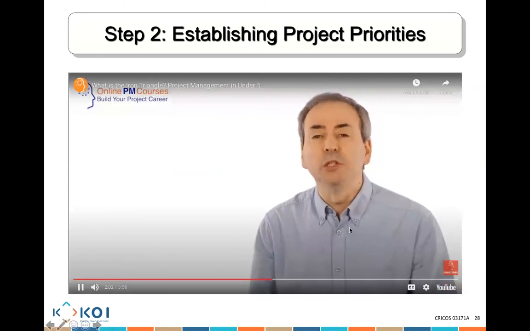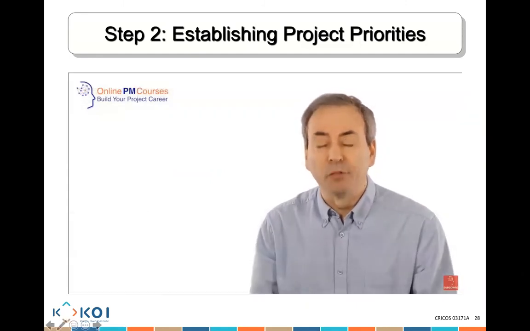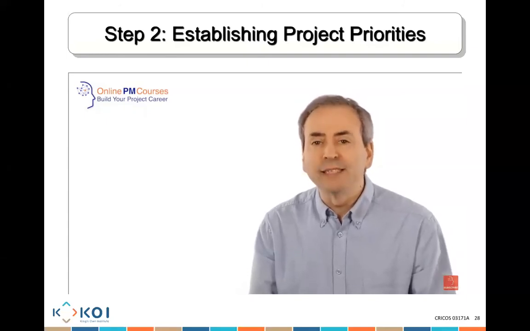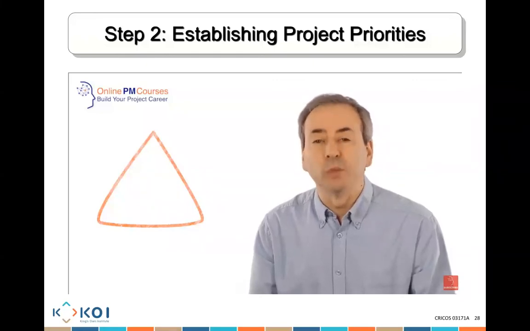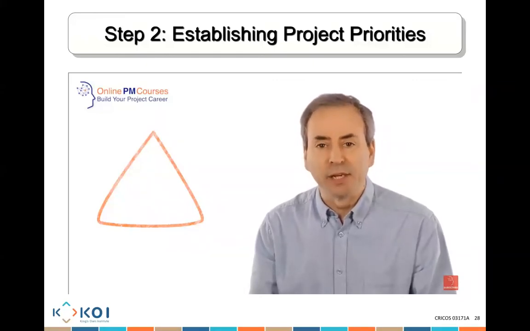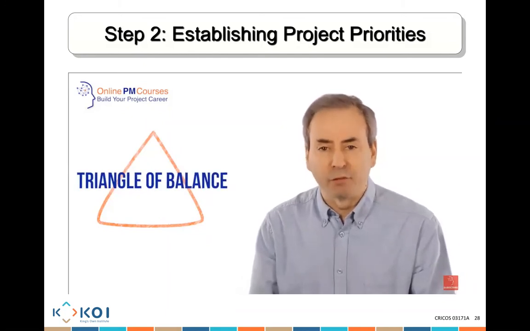The important thing to know about the iron triangle is that once you choose a quality and scope that meets your needs, and you budget for it so that you understand the cost, and you put in a complete estimate of how long it will take to deliver, you've locked together the 3 corners of the iron triangle. And triangles, as we know, are the most rigid shapes in nature. So you've now got your time, your cost, and your quality or functionality in balance. And the iron triangle is sometimes known as the triangle of balance for that very reason.